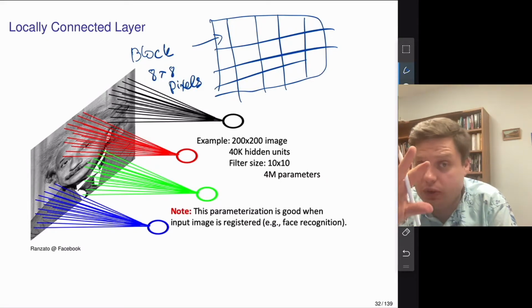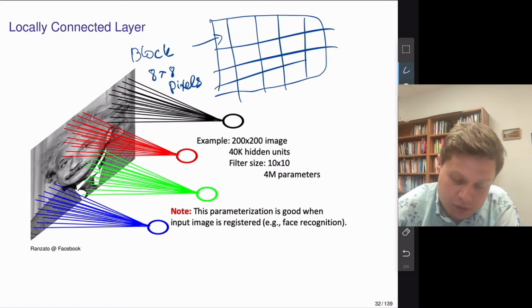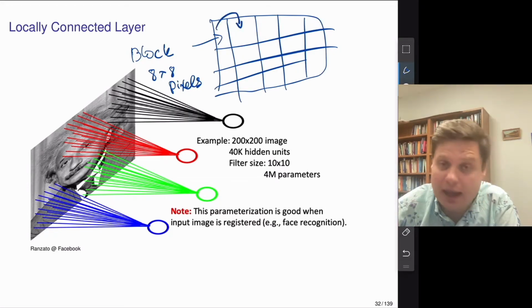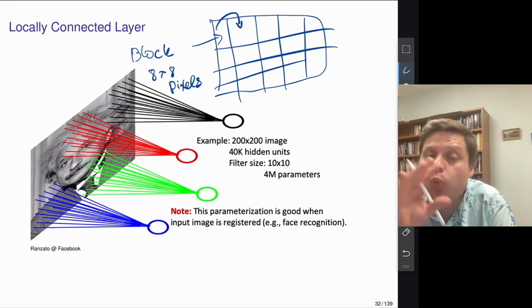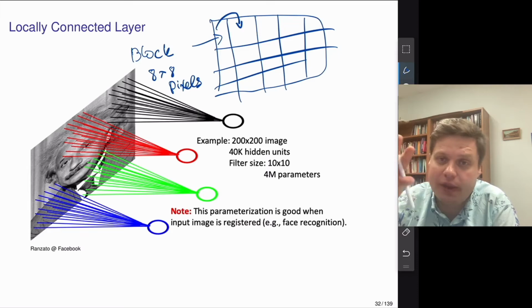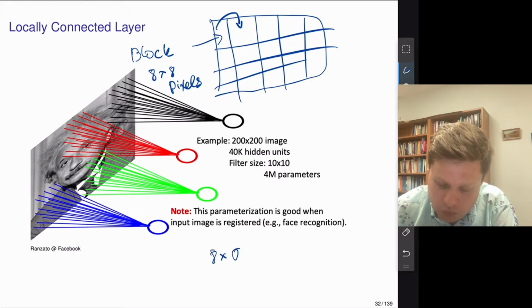The block is usually, for example, 8 by 8 pixels. You take a weighted sum of those pixels, and then you move to the next block and take a weighted sum of pixels in the next block, but you use the same weights. Every time you take a weighted sum, you use the same weights. So instead of having a weight for each individual pixel, you only need 8 by 8 weights.